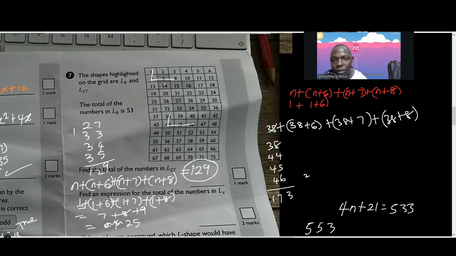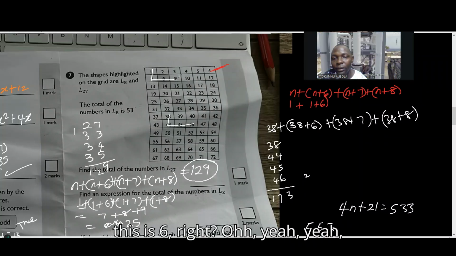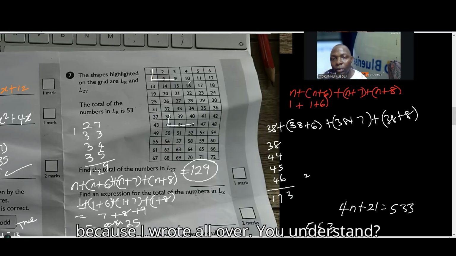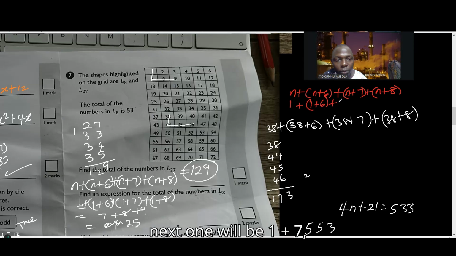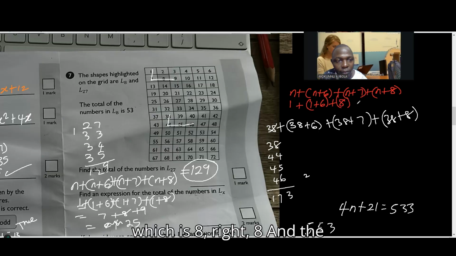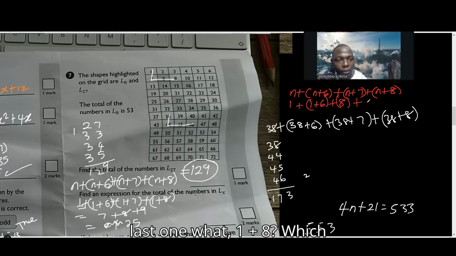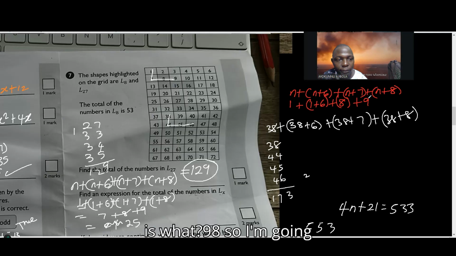Can you see this is 6? Yes, because I wrote over it. Then the next one will be 1 plus 7, which is 8. And the last one will be 1 plus 8, which is 9.